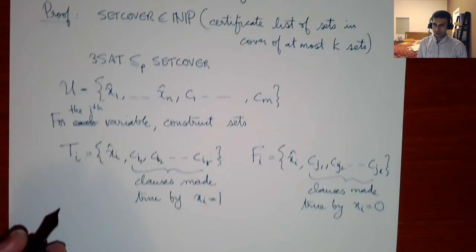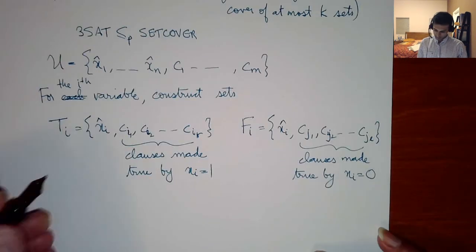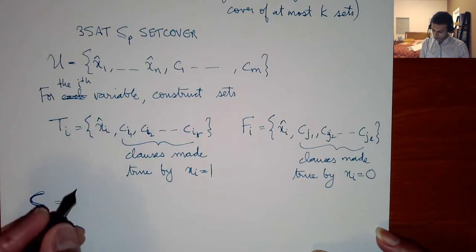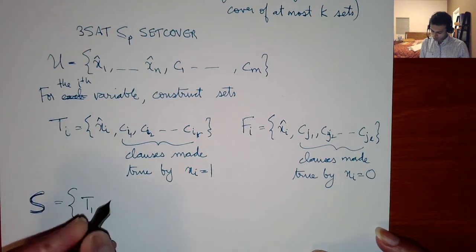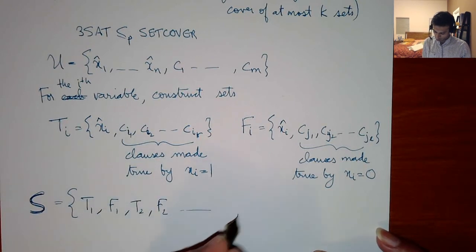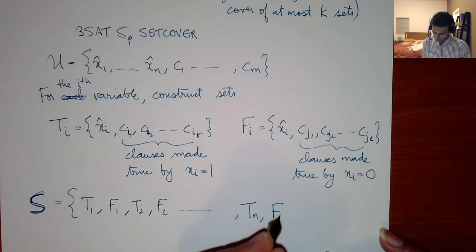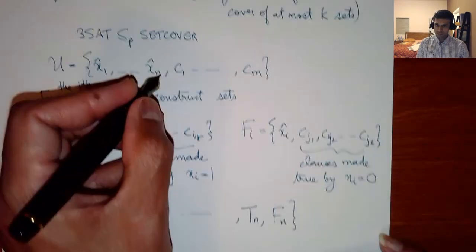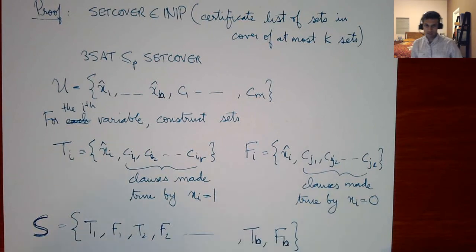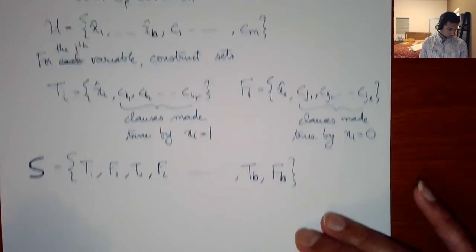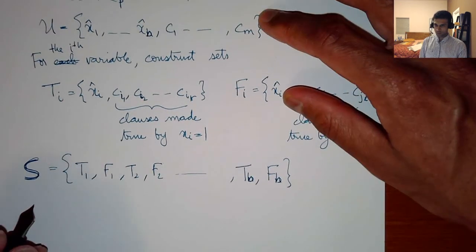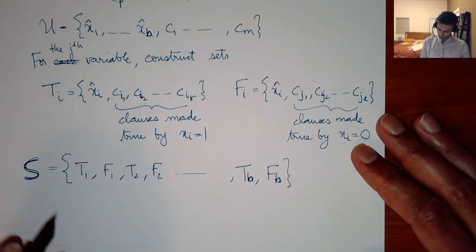Okay, so now my instance, what is going to be the collection of sets? So I have a family of sets, and that's just going to be T1, F1, T2, F2, up to Tn, Fn. Or I call this F. Okay, that's how many variables there are. My universe, as we said, was y1 to y, were all of these.